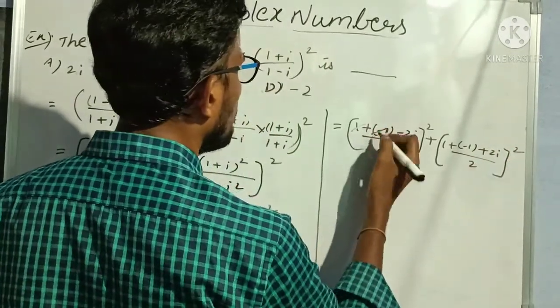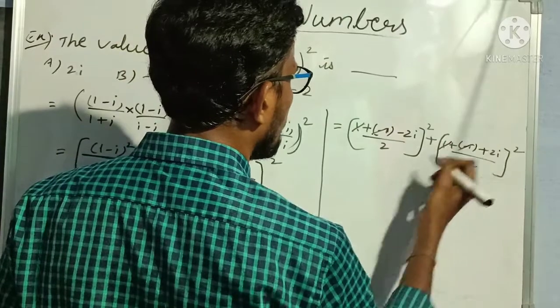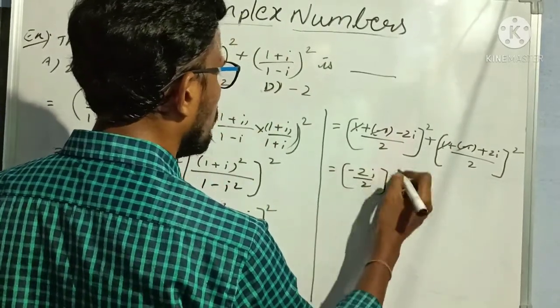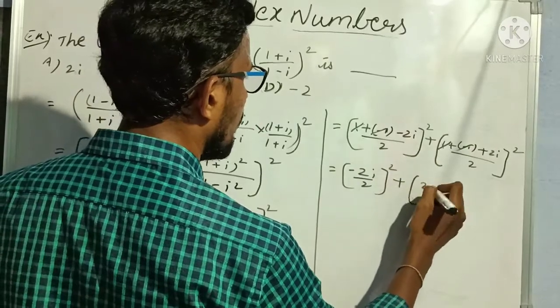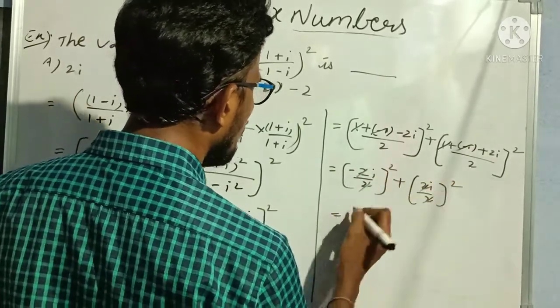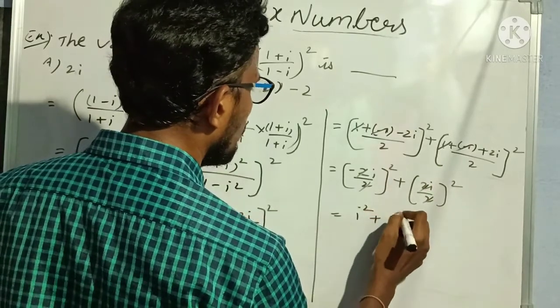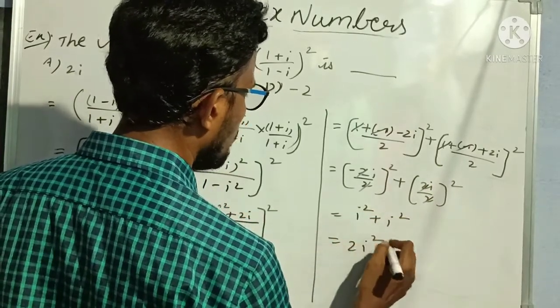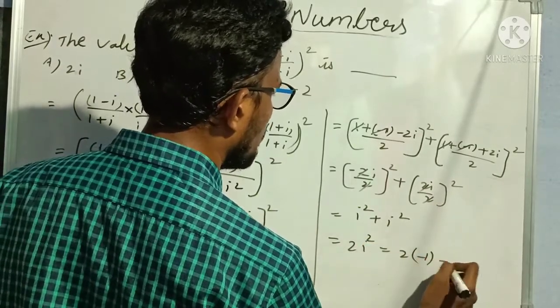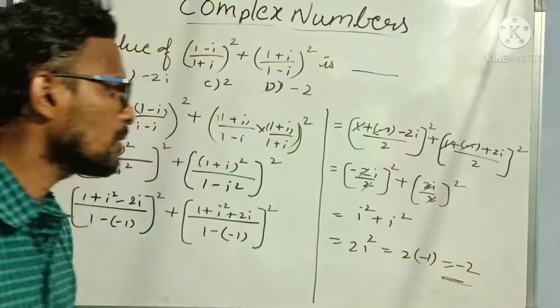So here plus 1 minus 1 gets cancelled, here also plus 1 minus 1 gets cancelled, so minus 2i by 2 whole square plus again 2i by 2 whole square, so 2 here also gets cancelled. Minus i whole square is i square, plus i square, that is 2i square, so 2 into i square value is minus 1, so 2 into minus 1 is minus 2.